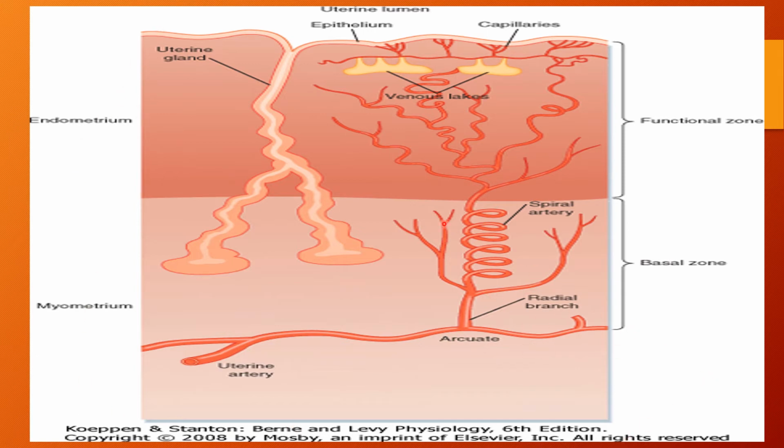In the secretory phase there will be production of a very large amount of blood vessels, and uterine glands produce the secretions that will be welcoming to the implant of the fertilized ovum.